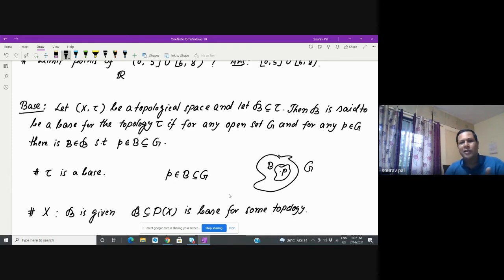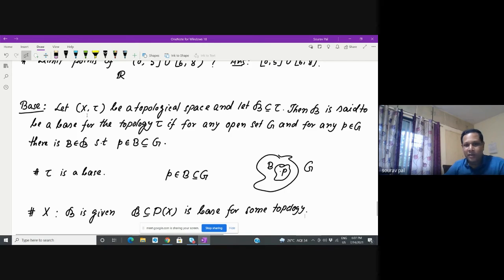Now, how can we determine the topology? If we know a base, there is a topology that it generates. And how does it generate? You choose all possible unions from the members of script B. That will be a topology.